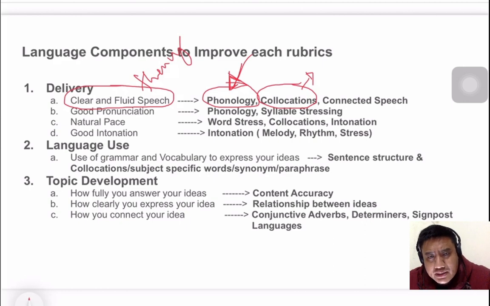Even native speakers, the minute they start thinking about the words when they speak, the fluency goes right out of the window. Have you seen those native speakers who come on national television and they start speaking, and then they use the word "uh" every two to three words?